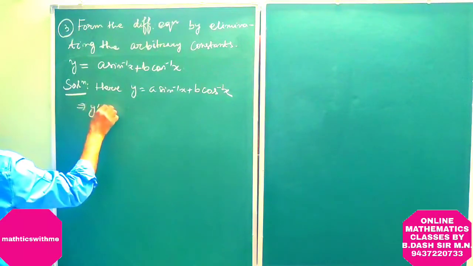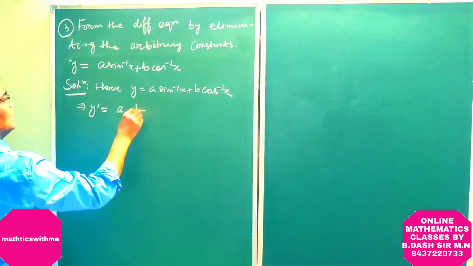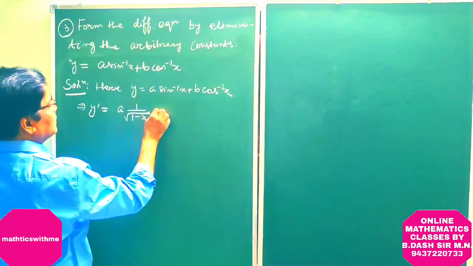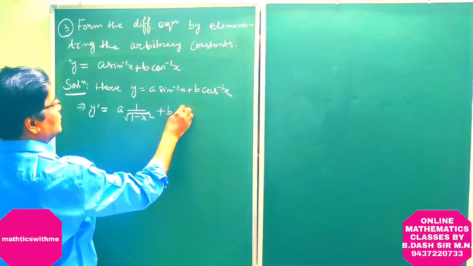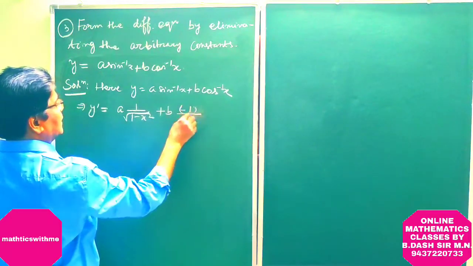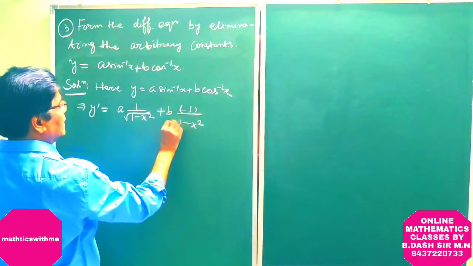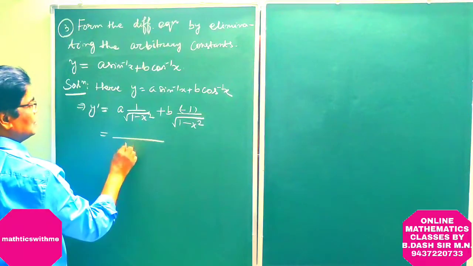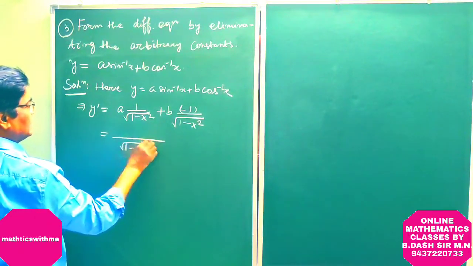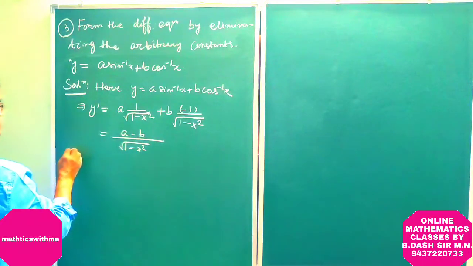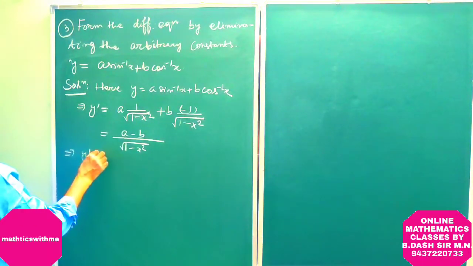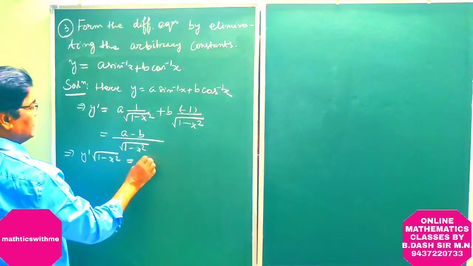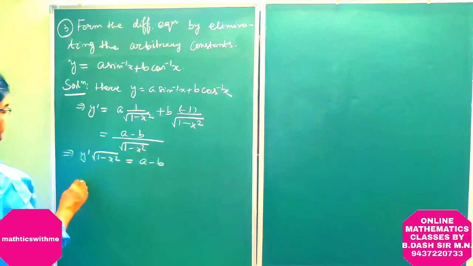This implies y dash is equal to a into 1 by square root of 1 minus x square, plus b into minus 1 by square root of 1 minus x square. This is equal to 1 by square root of 1 minus x square into a minus b. So this implies y dash into square root of 1 minus x square is equal to a minus b.